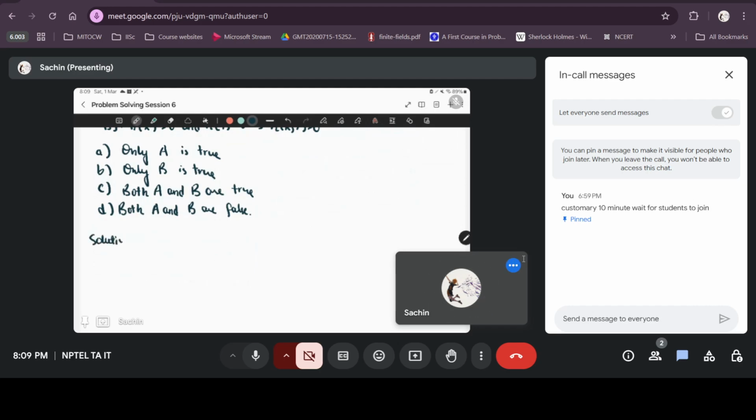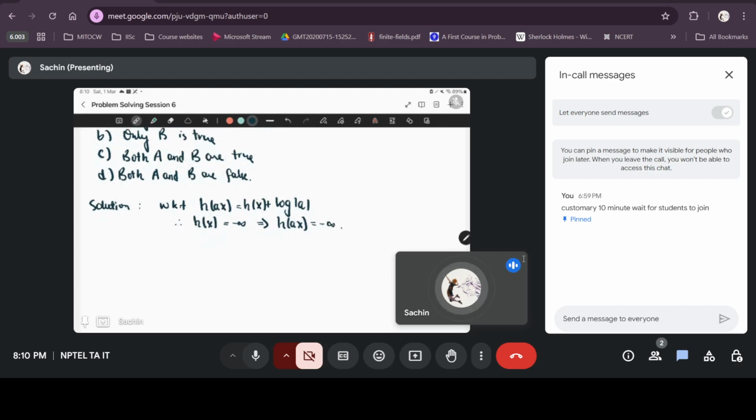Solution. We know that h of ax is equal to h of x plus log mod a. Therefore, h of x equals minus infinity implies h of ax equals minus infinity.